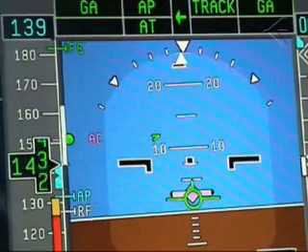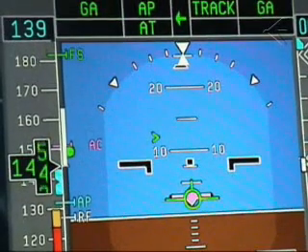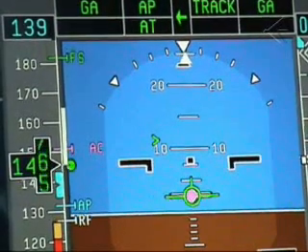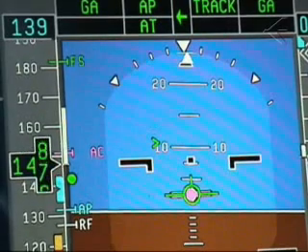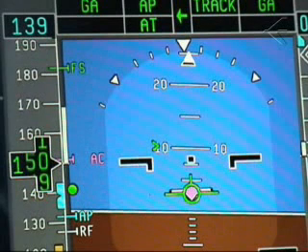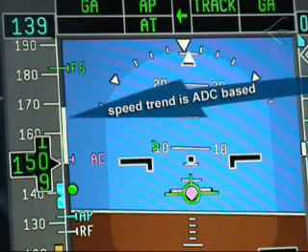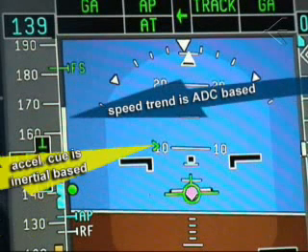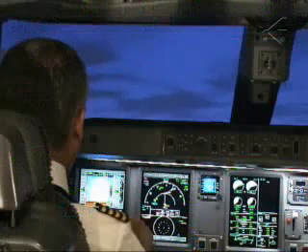But there are important differences between the acceleration cue and a speed trend indication, as shown along the speed tape. First difference is, the speed trend indicator is ADC based, while the acceleration cue is inertial. In other words, a momentary horizontal head-on gust would cause the speed trend to stretch up, then shrink down.